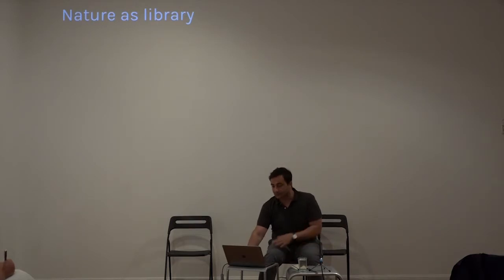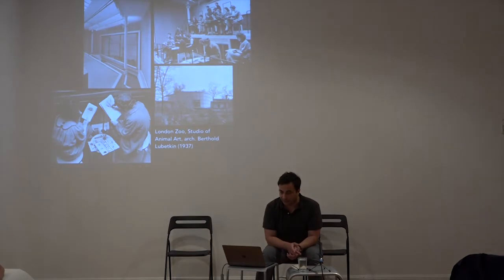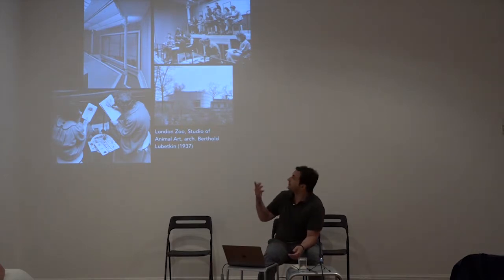When the Bauhaus shut down, the first stop on that trail was London, actually, and one of the most remarkable traces of this passage was the London Zoo, in which Bauhaus designers had the prime opportunity to work with nature, and to actually physically build this idea of nature as a textbook.